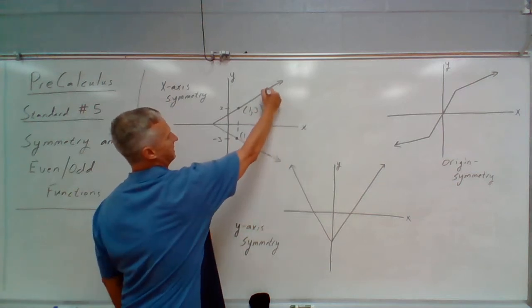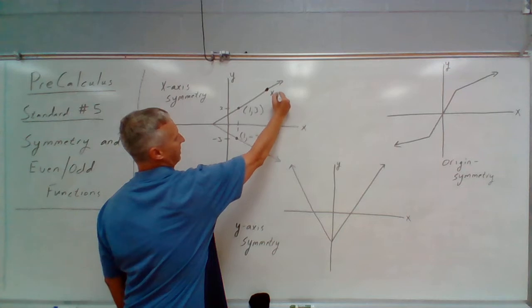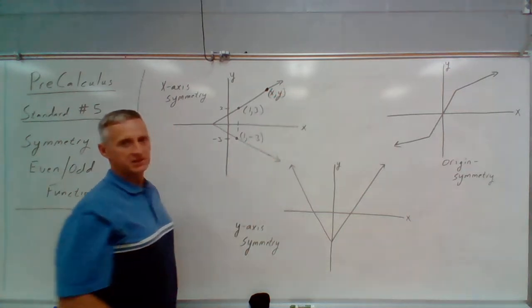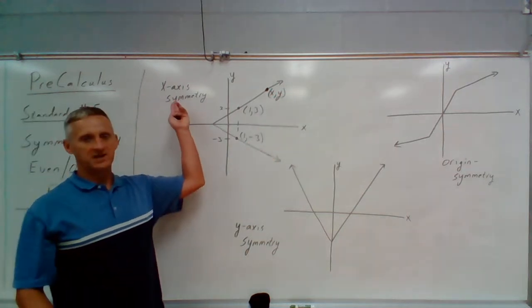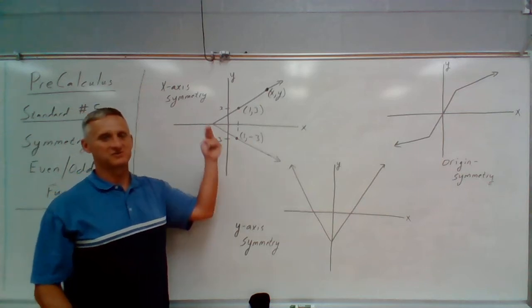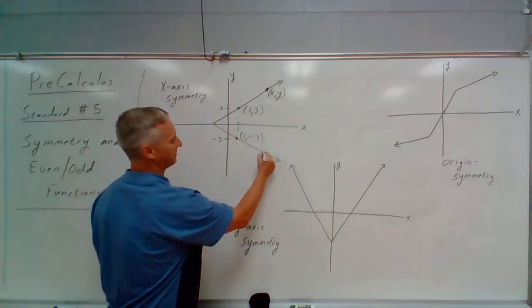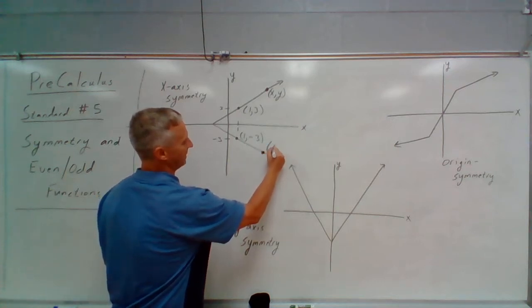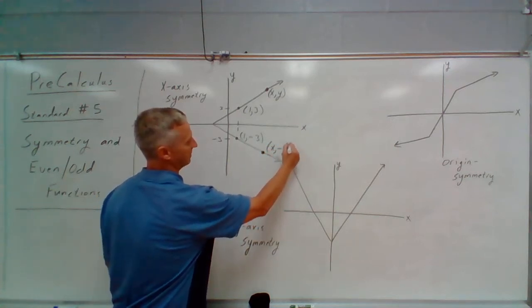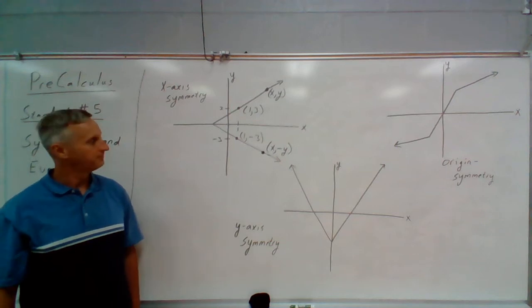So in general, anytime the point x, y is on the graph of an x-axis symmetrical equation or graph, the point x, negative y also has to be on the graph.